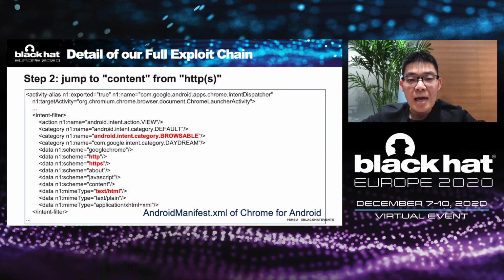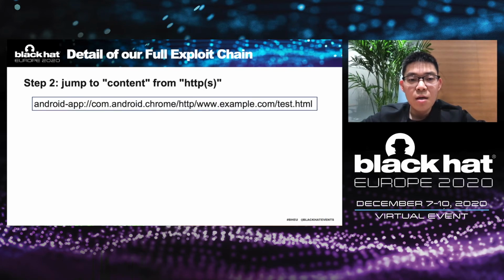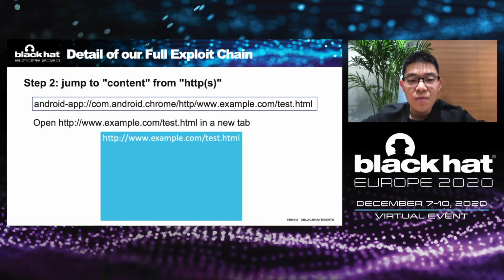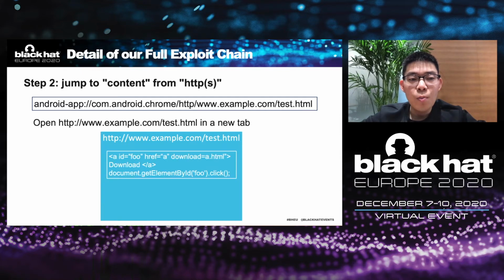Coming back to the Android manifest file of Chrome for Android, we found that we can jump to HTTP by deep link, just like jumping to content. By this deep link, Chrome will open this HTTP URL in a new tab. So, first, we download one payload file automatically.